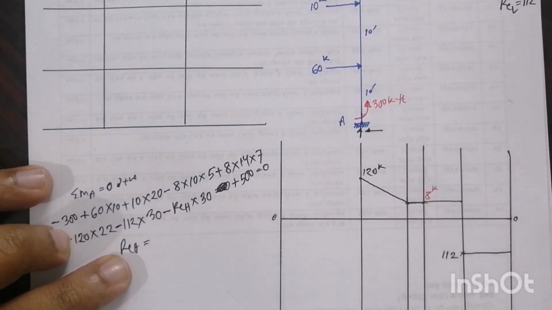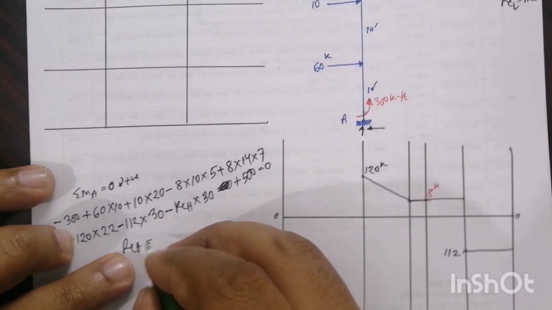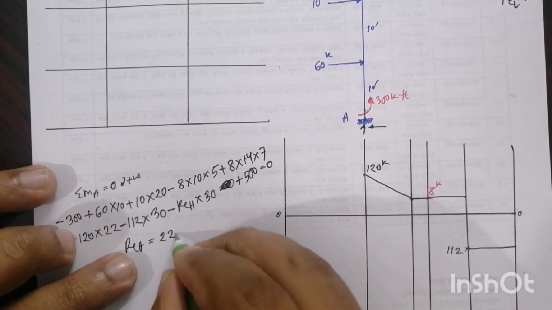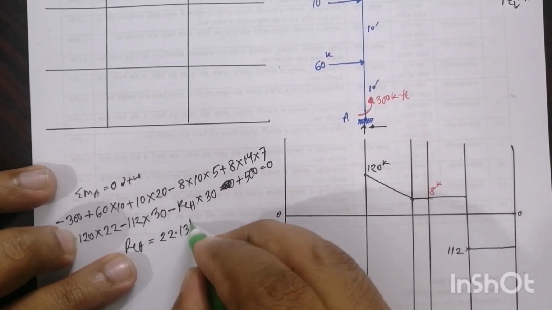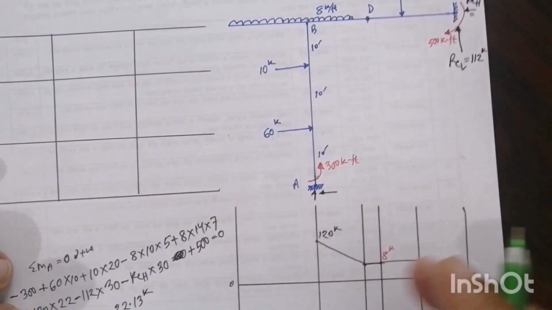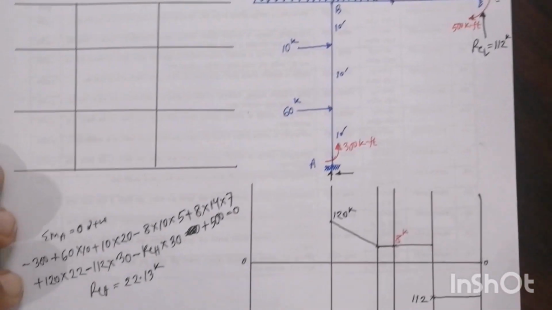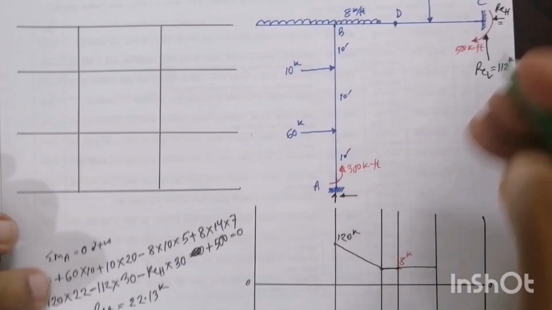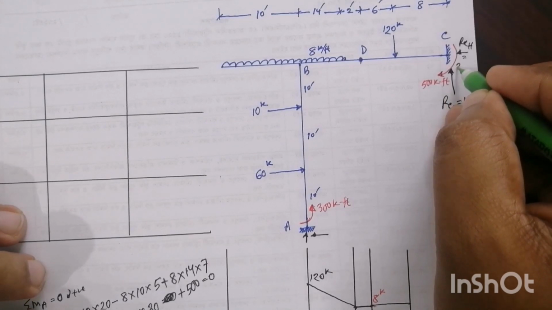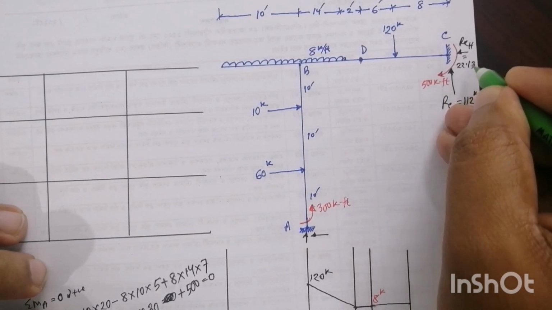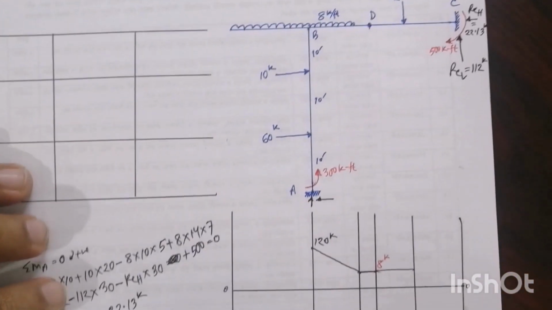Now we get this RC horizontal equal to 22.13 kip.